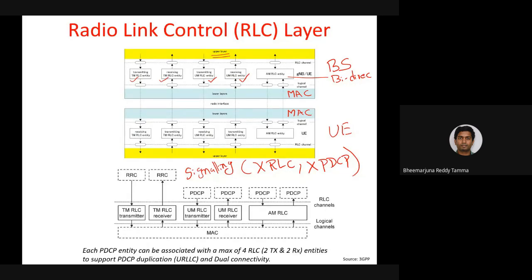These RRC messages, which are generated at the RRC layer, are directly sent to the MAC layer without adding a PDCP header, without adding an RLC header. That is what you can see from the illustration. RRC packets are directly sent to the MAC layer. Even though we have this entity, the transparent mode RLC transmitter, it doesn't do anything. It simply takes the packet and pushes it down without adding any header. That's it.